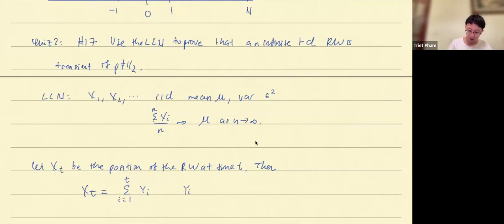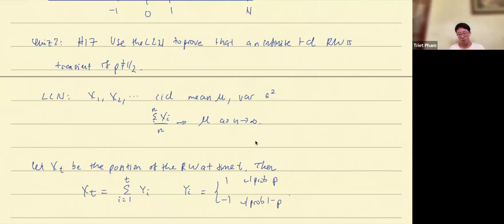Technically speaking, you should add something here, which is the initial starting point of the random walk. If I don't add anything, then the random walk is assumed to start at 0. It doesn't really matter. Here, y_i will be 1 with probability p, and -1 with probability 1 minus p.